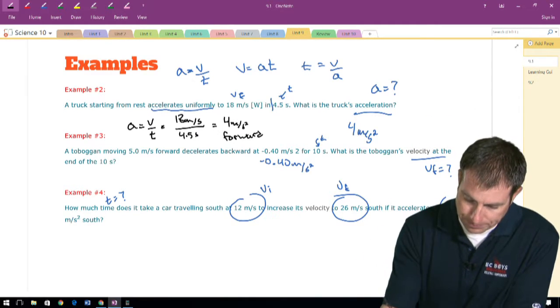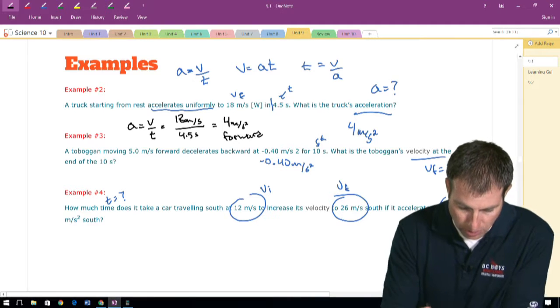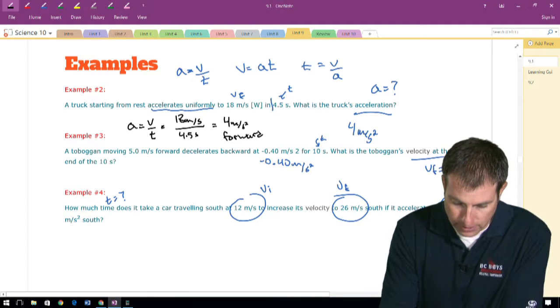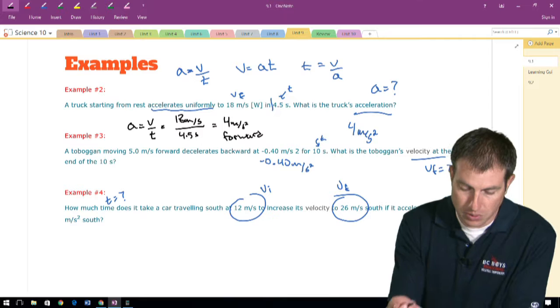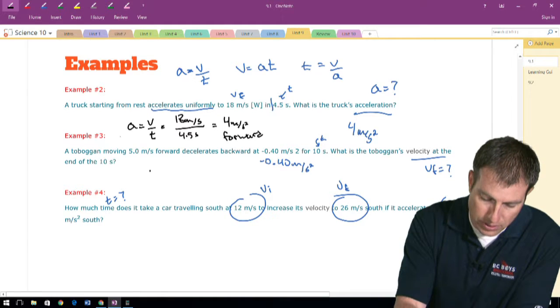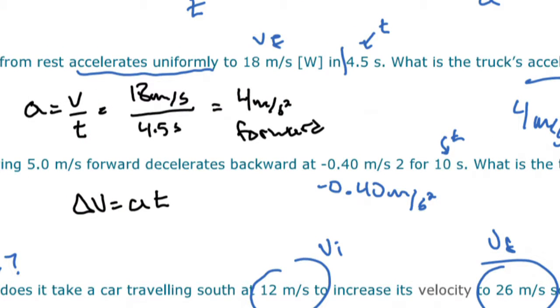Whatever works for you. All right, so a toboggan's moving 5 meters per second forward, and it has a negative acceleration. What is the toboggan's velocity at the end of 10 seconds? So basically what we're doing here is we're going to find the change in velocity, which is going to be the acceleration times time.